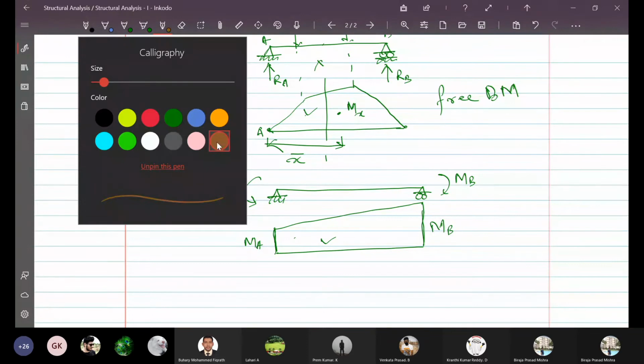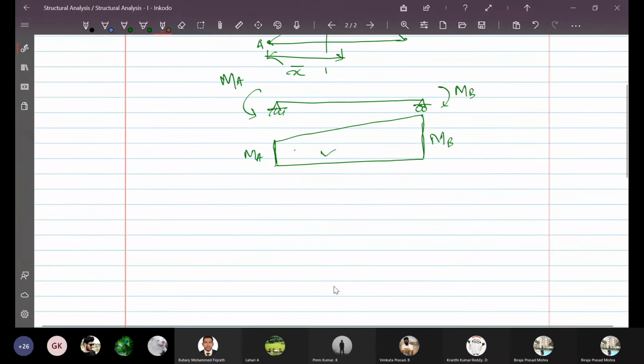My resultant will look somewhat like this. This one is B. I'm drawing it roughly.